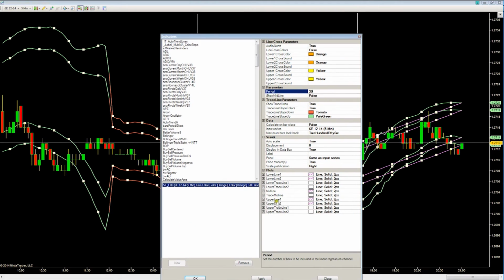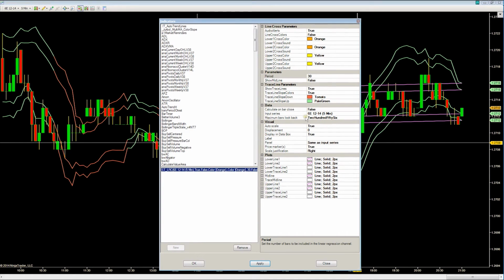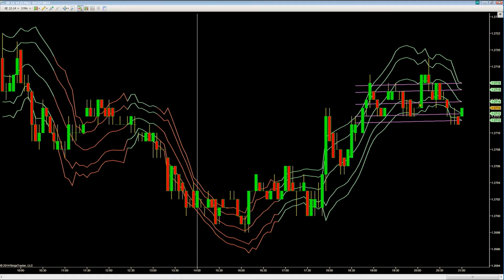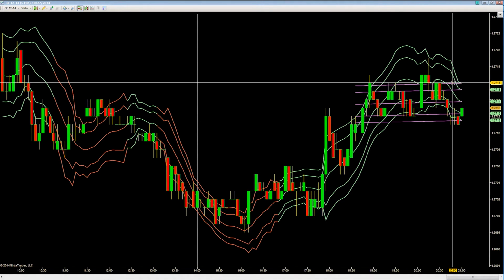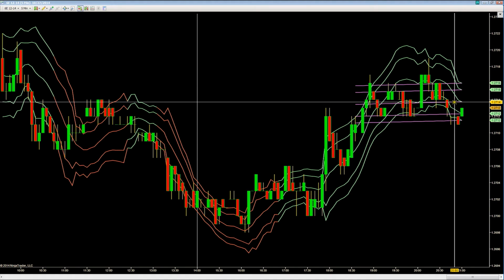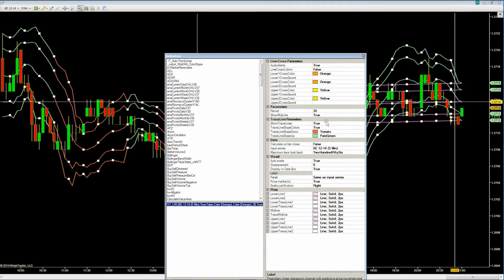Also mentioning the midline, which is an option, and this shows regression of price. It's not necessary to use because we're concerned with the top of the channel bands and the lower channel bands. So just hide that.